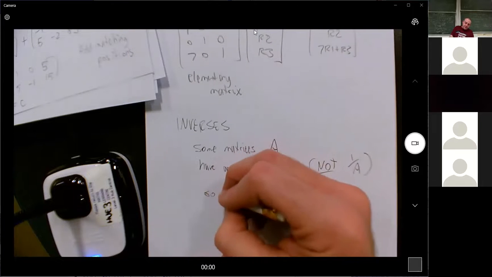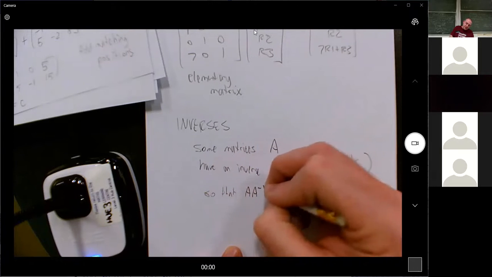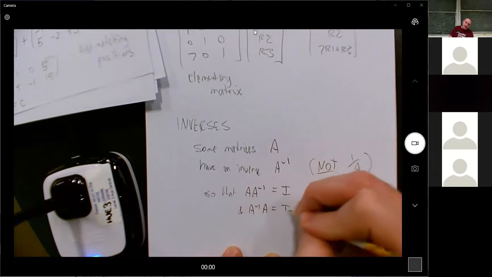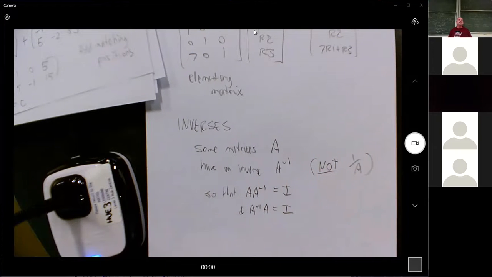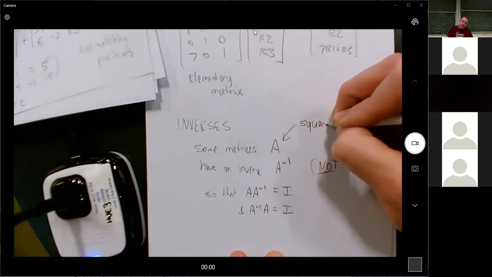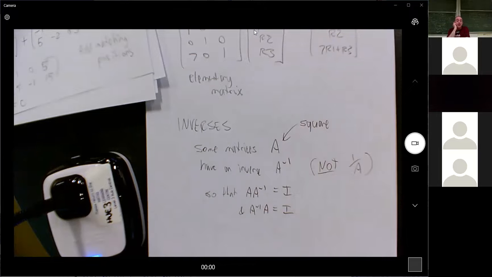So that A times A inverse is I, and A inverse times A is also I. And the only way for two matrices to be able to multiply in both directions is for them to be the same size, or one of them to be the transpose size of the other. And so this will only work if A is square as opposed to properly rectangular.